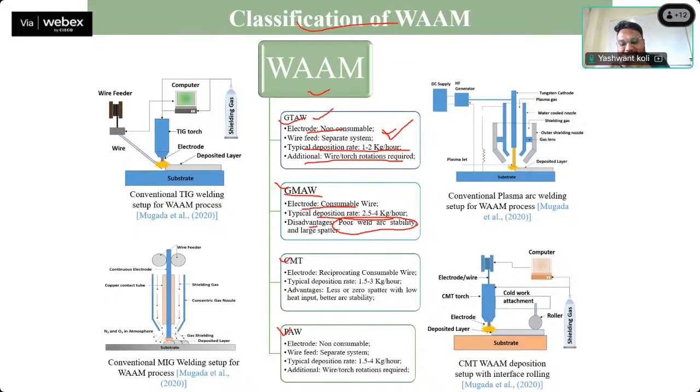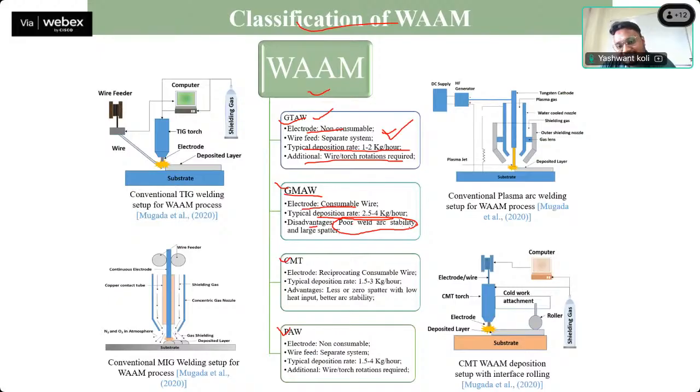If we fabricate an aluminium alloy single wall structure of a WAM component by the GMAW process, we get higher levels of porosity, and there is a problem of density.